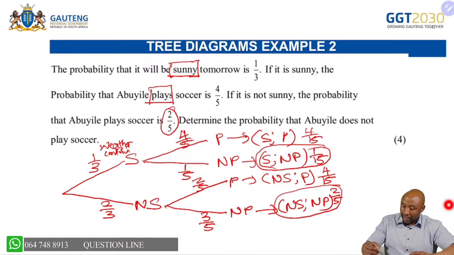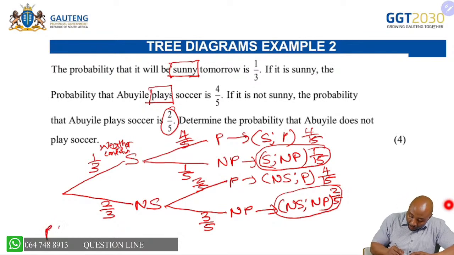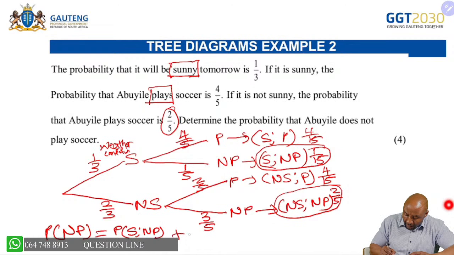So either it is sunny or it's not sunny, he does not play on occasions. We can quickly say the probability of not play is given by the probability of sunny and not play, plus the probability of not sunny and not play.